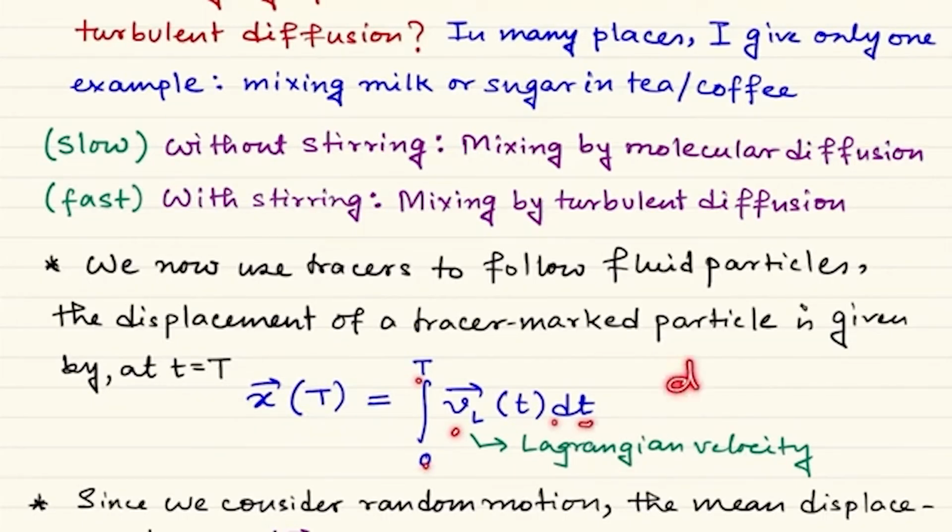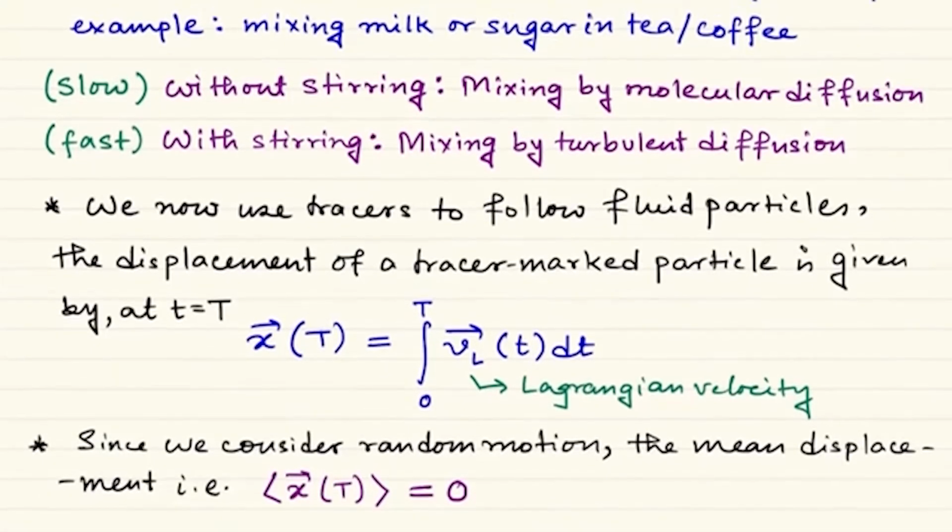That is because simply dx/dt is nothing but V_L. Then you integrate to get x. As simple as that. Exactly like we track Newtonian particles, here we are doing the same thing for Lagrangian particles or fluid particles.